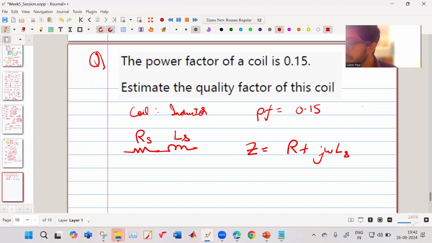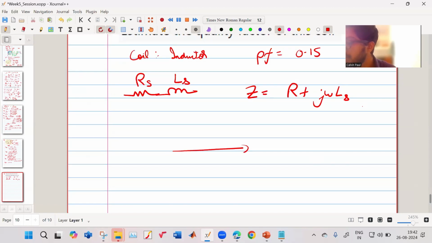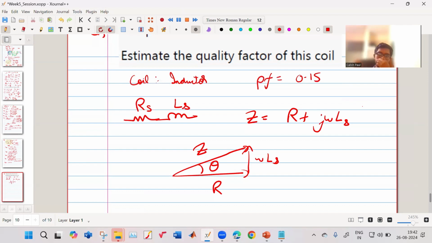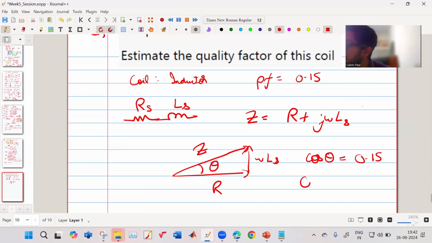So what is it? This is your R. This is your omega Ls. This is your Z, and this is your theta. So what is power factor in terms of theta? Cos phi, cos theta. So we know cos theta is equal to 0.15. So what is my theta?